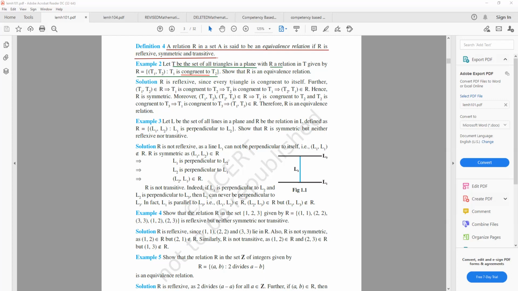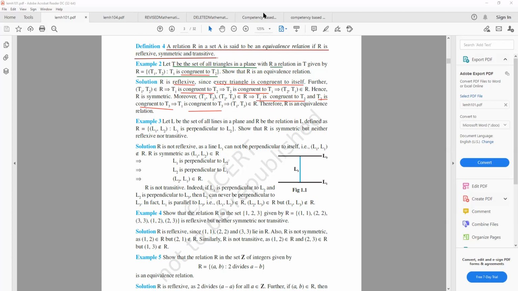So this is very clear, like every triangle is congruent to itself, so it is reflexive, isn't it? Then if T1 is congruent to T2, then second triangle is congruent to T1, correct? And you can write in your own words. Then third one, if first triangle is congruent to second triangle and second triangle is congruent to third triangle, then automatically first triangle is congruent to third triangle.